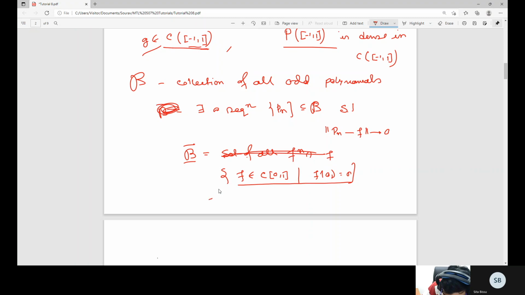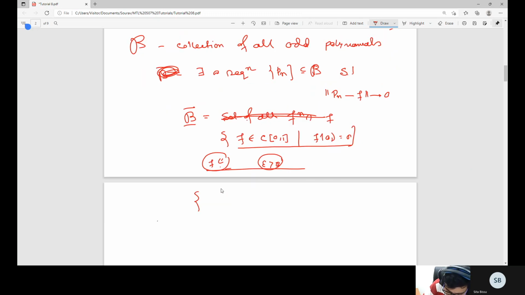That means if you take any point f from here, and take an epsilon neighborhood of it, meaning you are taking the set of h belonging to C[0, 1] such that the norm of h minus f is less than epsilon.